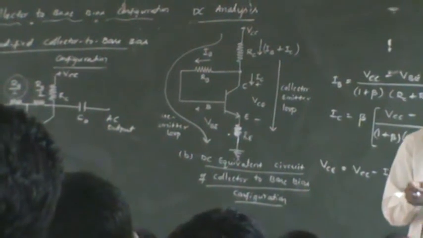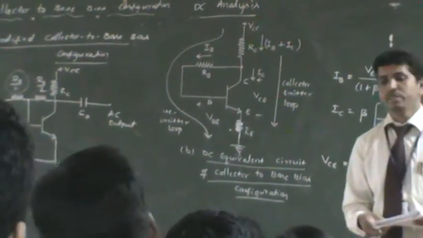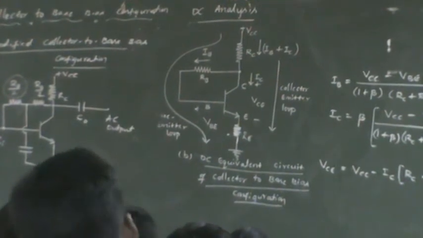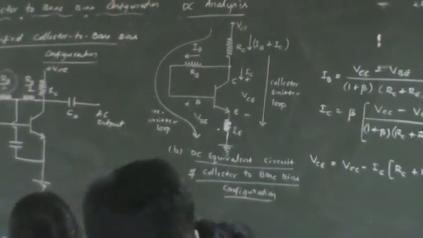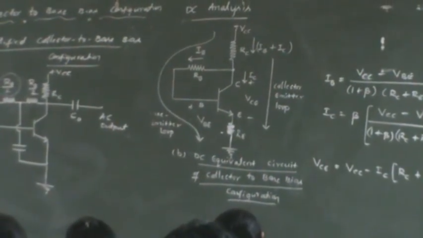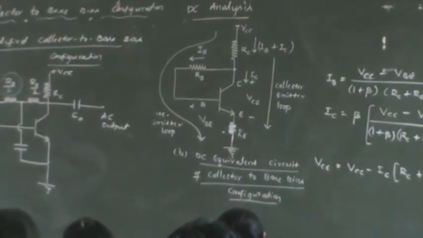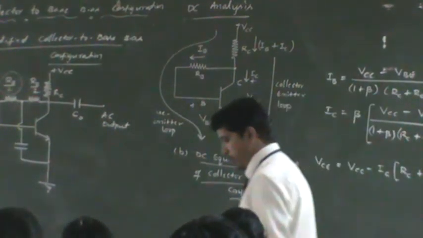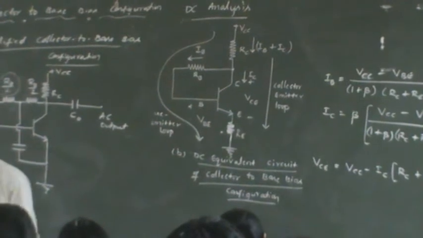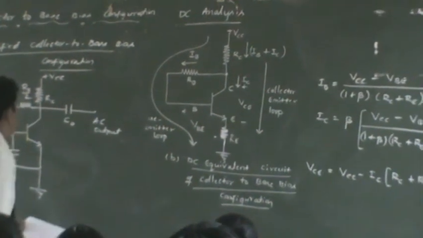Take down this problem. Determine the operating point. Otherwise, whatever we have done so far is going to become waste, right? Don't solve the problem here. Determine the operating point of the collector to base bias circuit for the figure shown below.